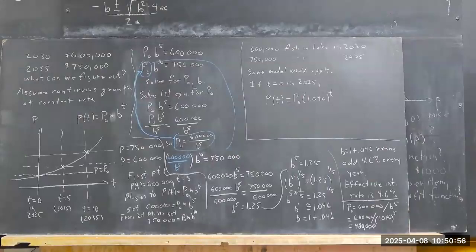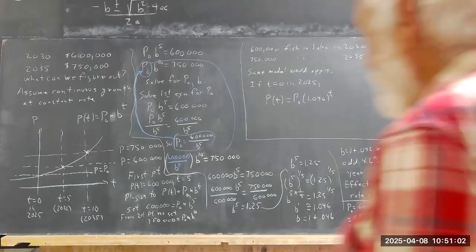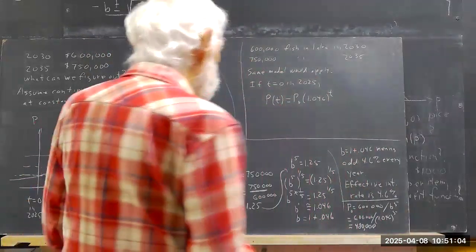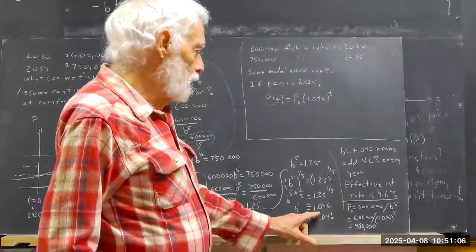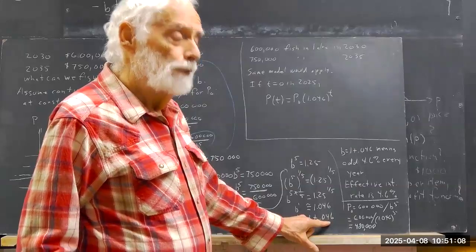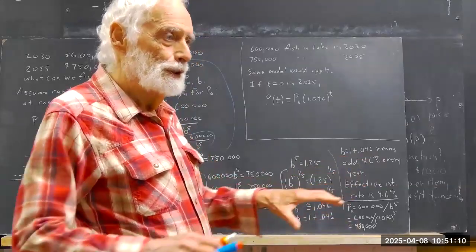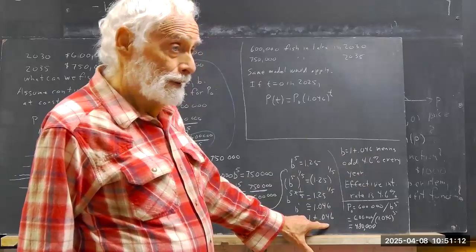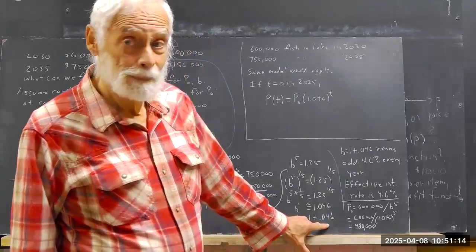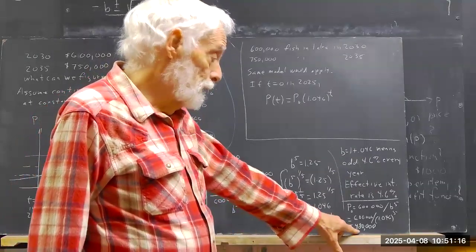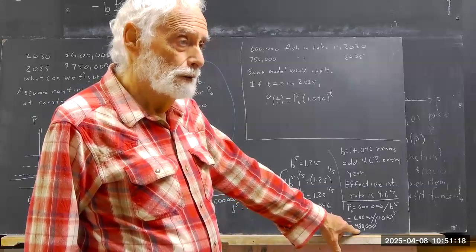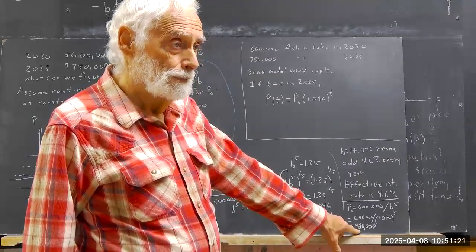Okay, so you got 479,173. That's because you used the rounded off 0.046. If you'd used all the numbers that your calculator gave you here, instead of rounding off, you would have ended up with very, very close to 480,000.